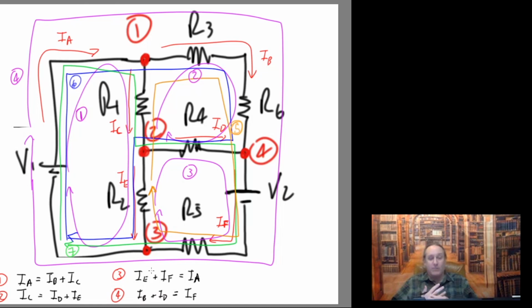You have a circuit much more complicated than this one, and you have to write down this series of equations. And then you can express those equations as a matrix, and then you can do what's called a matrix inversion. And that will allow you to directly solve for all of the unknowns. So it's a pretty standard routine.